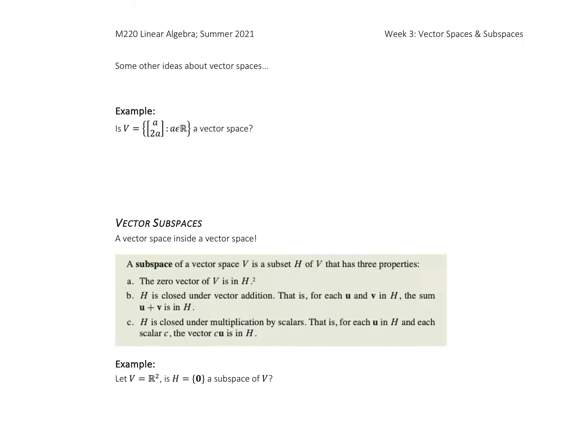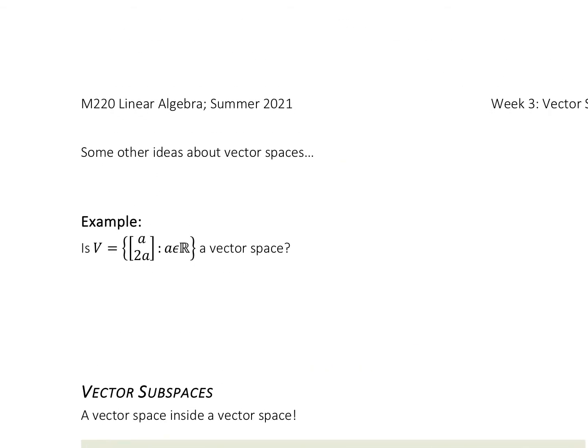Just a couple of other little random ideas about vector spaces. So far, the spaces we've already talked about, our real number system, is a vector space. It's a vector space where every element has one thing in it, right? Our R2 is a vector space. Our R3 is a vector space.